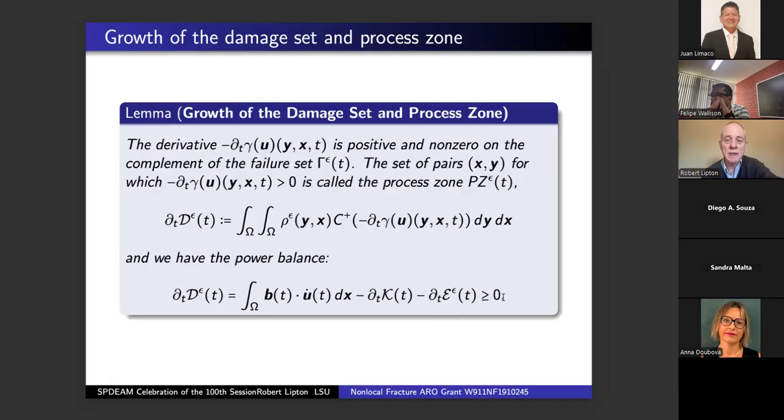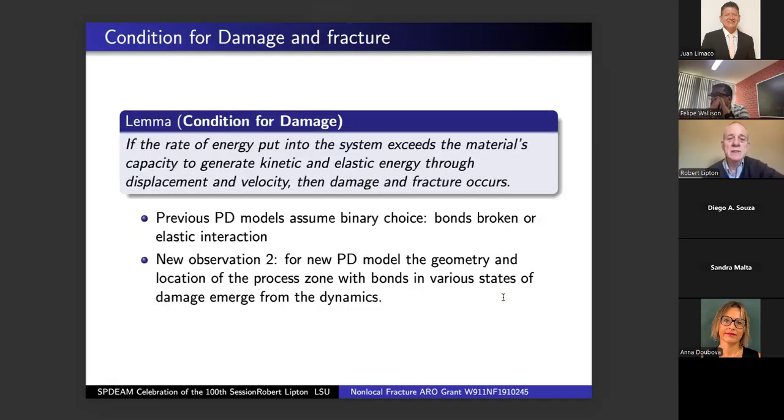With that in mind, we can actually say something. That is, if the rate of energy put into the system exceeds the material's capacity to generate kinetic energy and elastic energy through displacement and velocity, then damage and fracture occurs. So we're actually able to say something based on mathematics, not based on philosophy. This has nothing to do with philosophy. This has everything to do with rigorous mathematics and the formulation of a well-posed boundary value problem.